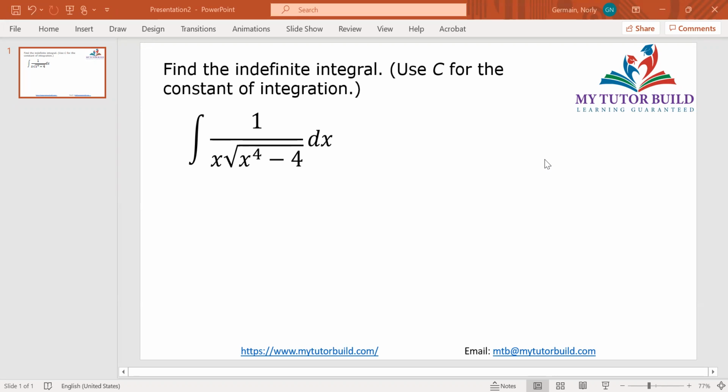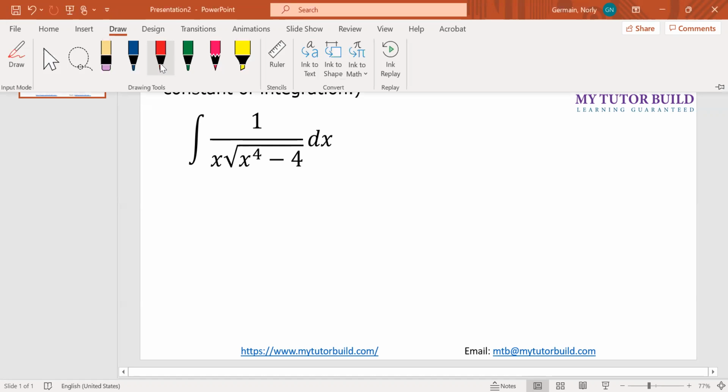For this one, if you look in the book, you would see this is really related to arc secant, that would be related to inverse secant.